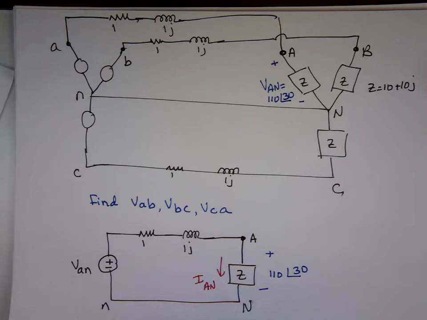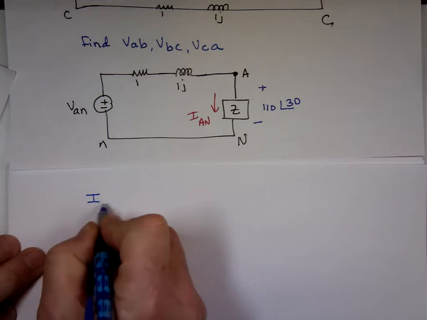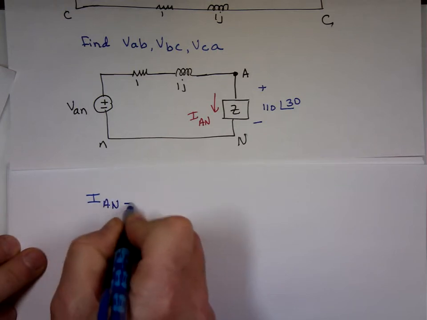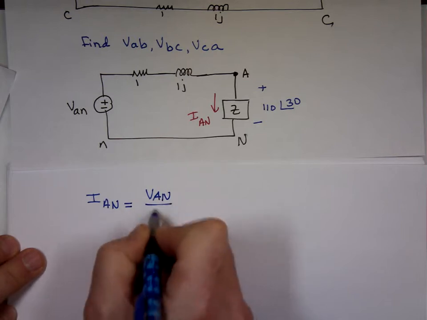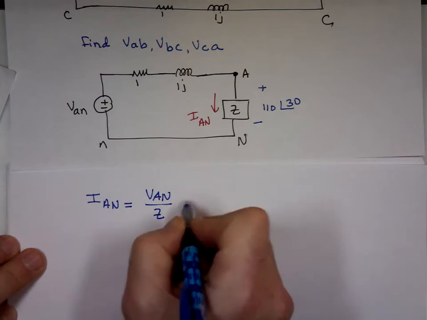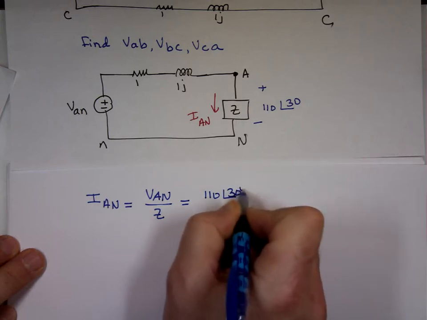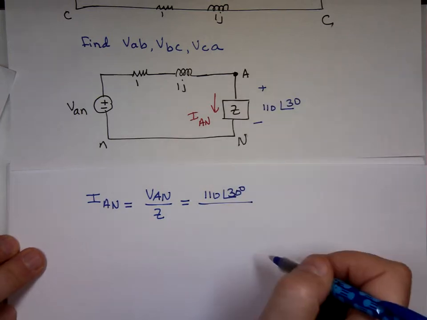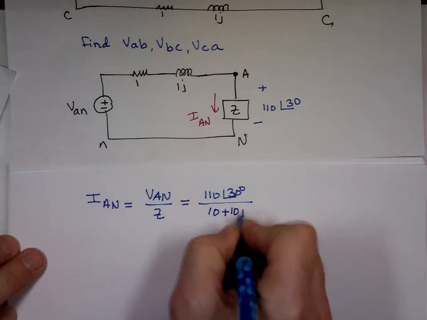So let me find that current. I sub AN is going to be the voltage divided by Z. And what is that? 110 angle 30 divided by Z, which is 10 plus 10J.